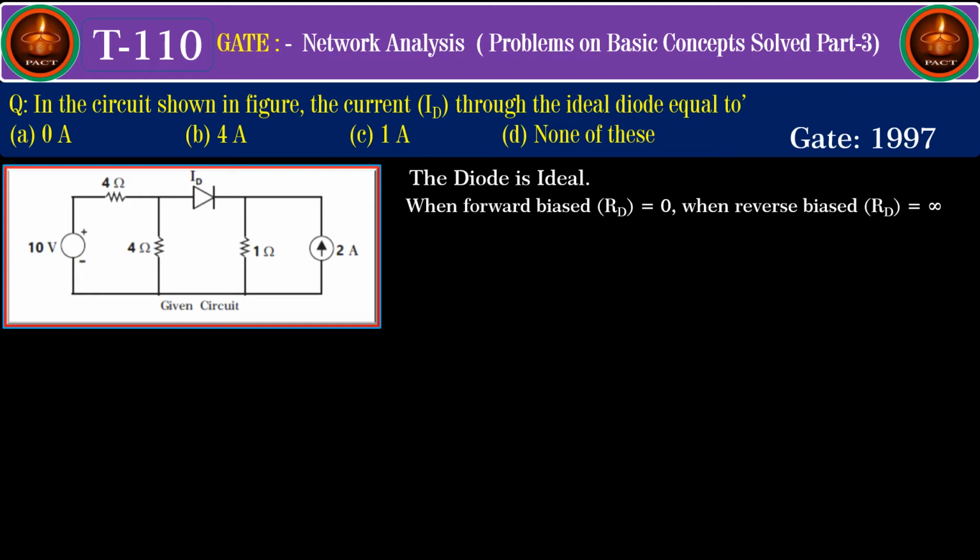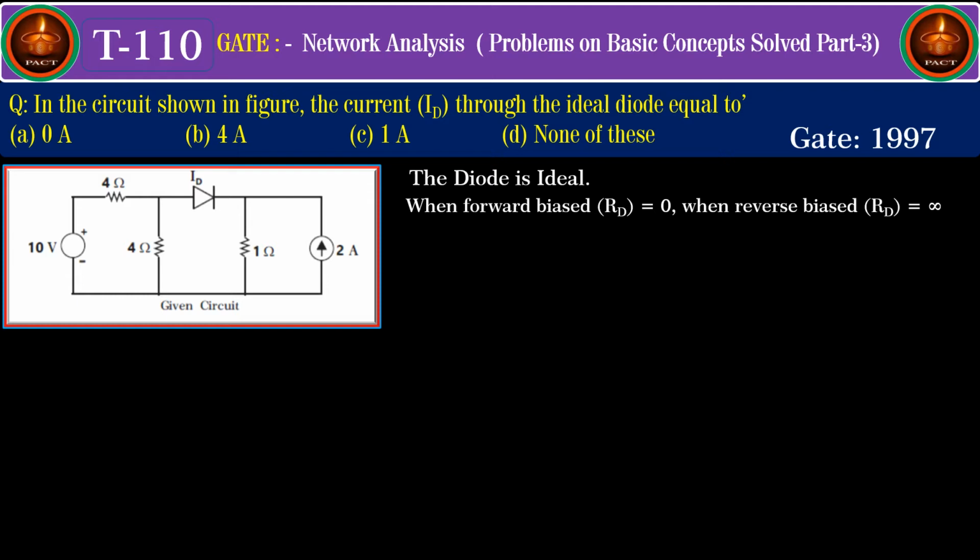Now, if you analyze the given network as it is, in my opinion, it is a little difficult to definitely say whether the diode is forward biased or reverse biased.